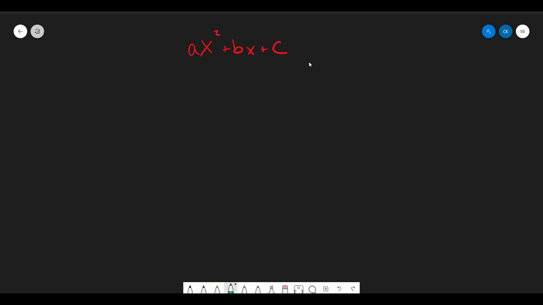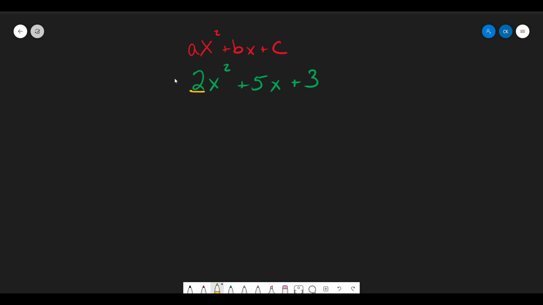So let's just take an example here. Let's say we wanted to factor 2x squared plus 5x plus 3. Normally, when we didn't have an a, our first thought was to find two numbers that multiply to get 3. Now it's going to be a little different. We're going to look for two numbers that multiply to get 3 times 2.